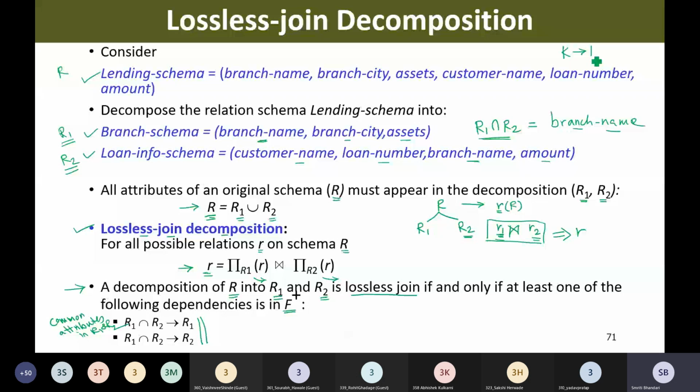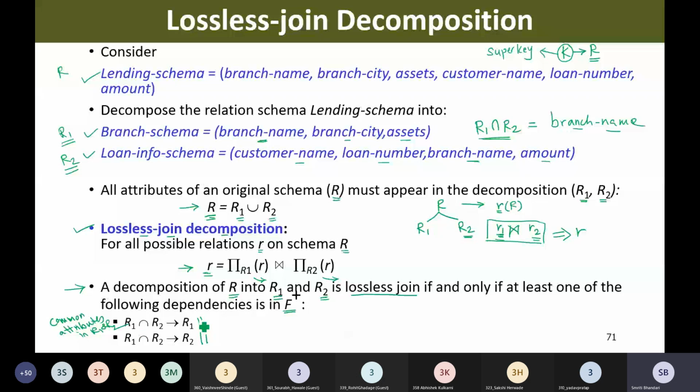Right? So similarly, we are saying here, whatever is the intersection of R1 and R2, meaning whatever is the set of attributes that are common in both R1 and R2, that must be either the super key of the decomposed relation R1 or the super key of the decomposed relation R2.